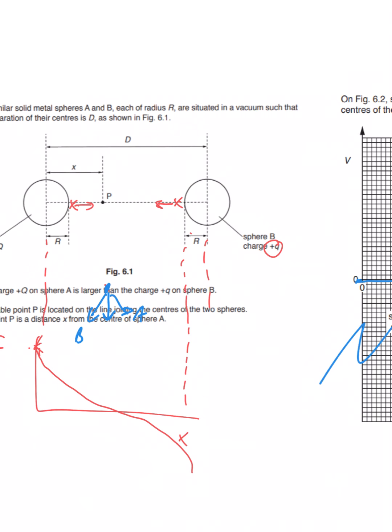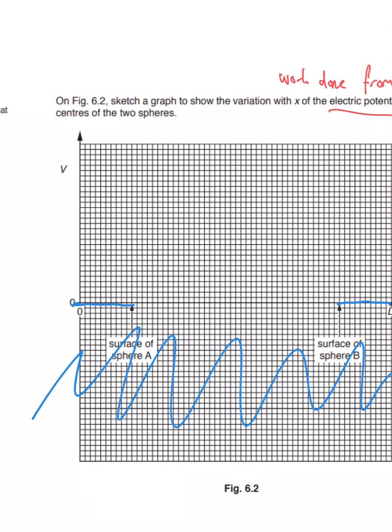So now I've got to ask myself the question, what will my highest points in this graph be? I'm expecting it to do something like this. I'm expecting a discontinuity where this is going to spike up sharply, and I'm also going to expect a sharp spike here.